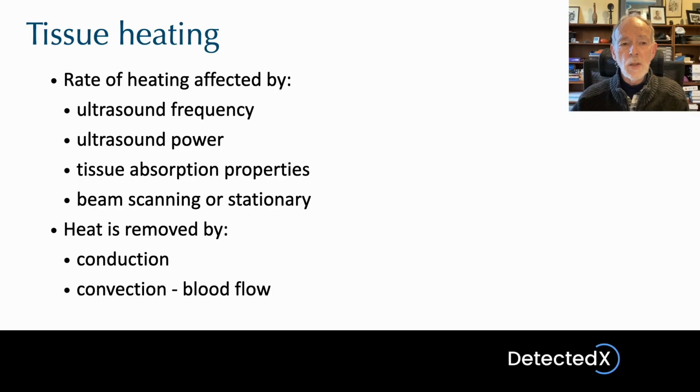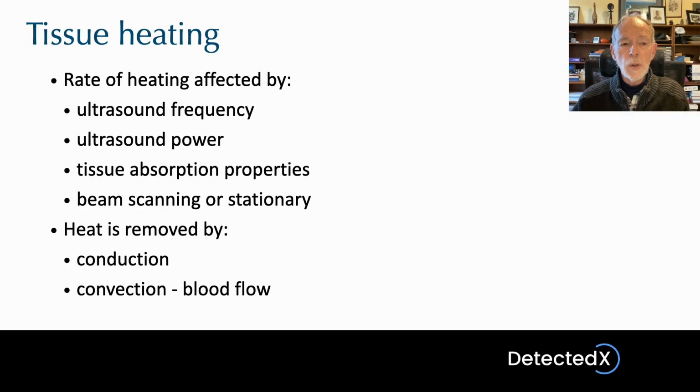In the body, there are equivalent processes. Heat is carried away from the area where the heat is being applied by conduction. So the ultrasound is heating a certain volume of tissue. That heat then spreads out into the surrounding tissues and the temperature reduces. So the heat is being distributed over a wider volume of tissues.